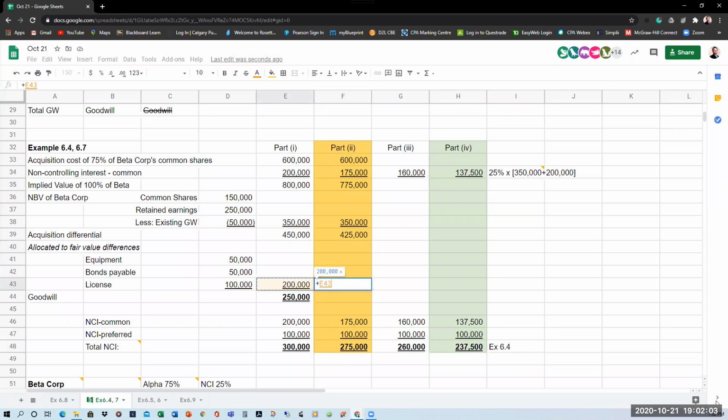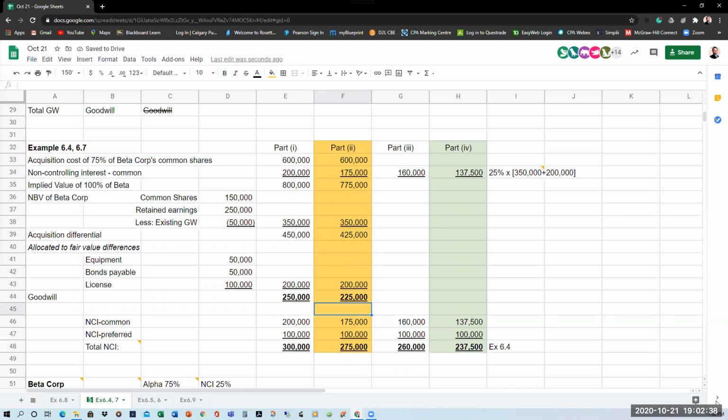If there has been negotiation involved, then this number also is fairly objective because it is a result of a market determination, or there has been expertise involved in allocating these fair value differences, right? So it's still more reliable. So 200,000. So what we are left with now is goodwill of 425,000 minus 200,000.